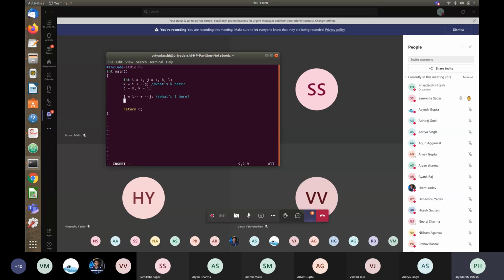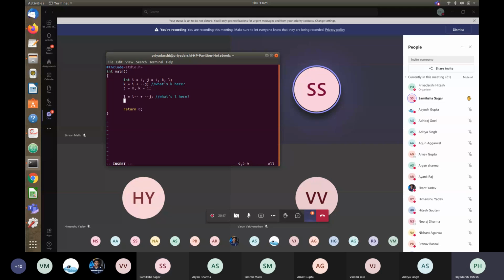Let's solve it together. So first the decrement operator will work. Which decrement? Like i-- or --j? --j.